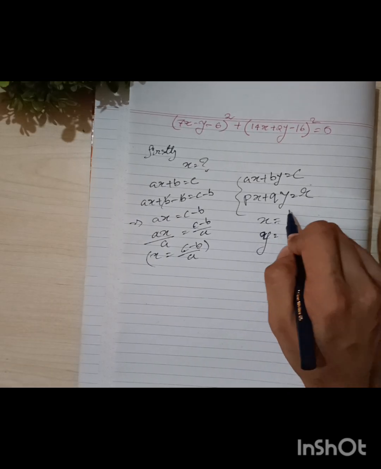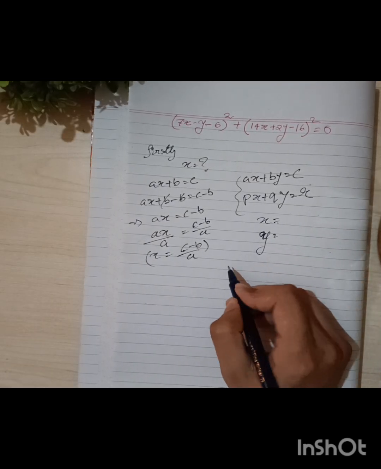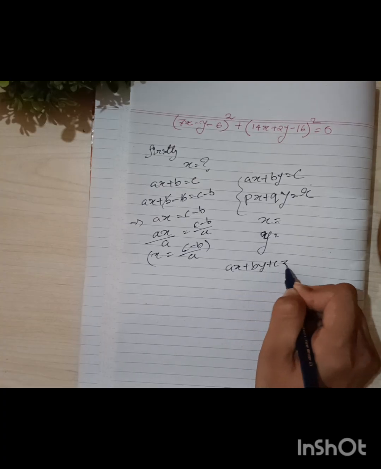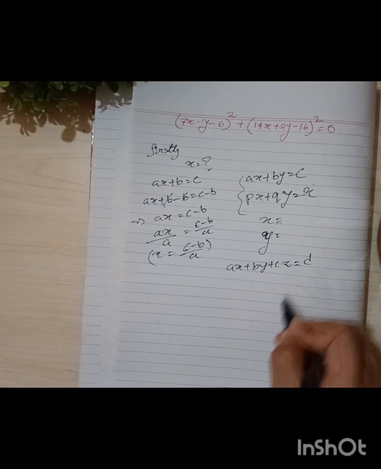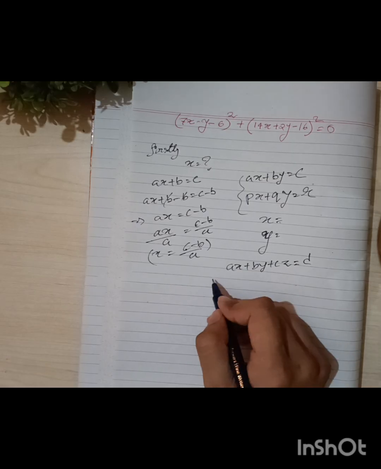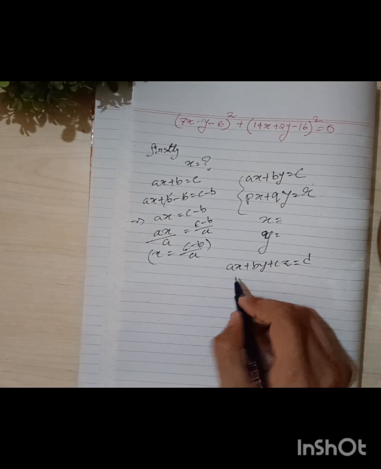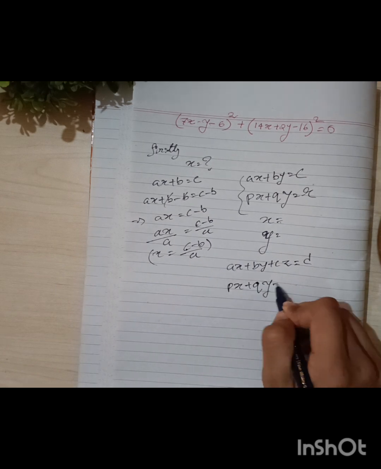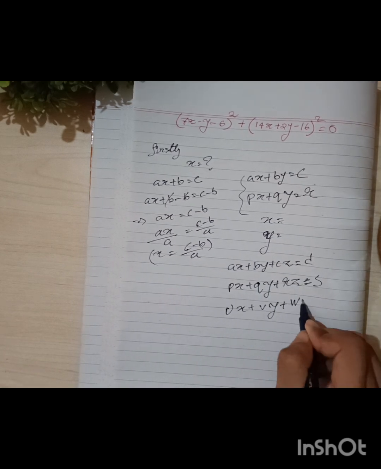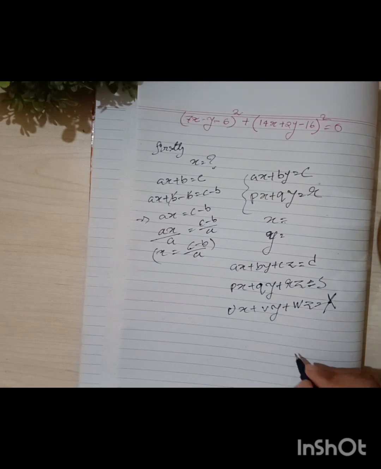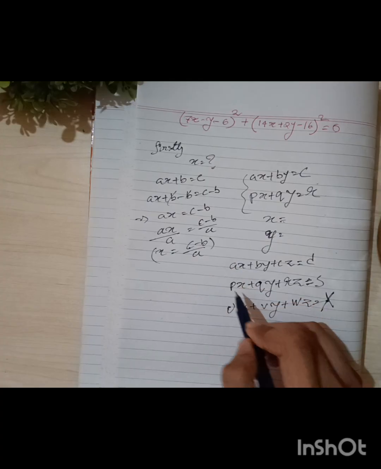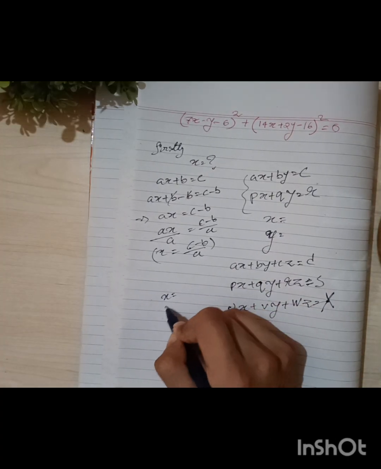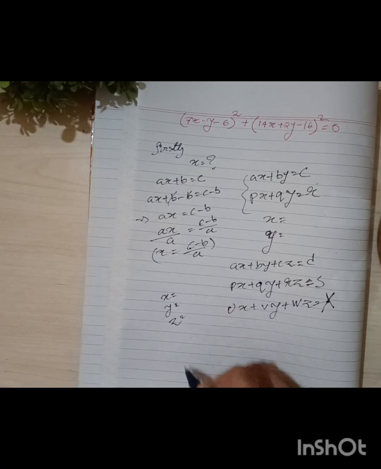Likewise, if we have three variables like ax plus by plus cz equals d, we must have three equations. By solving these three equations, we can easily get the values of x, y and z.